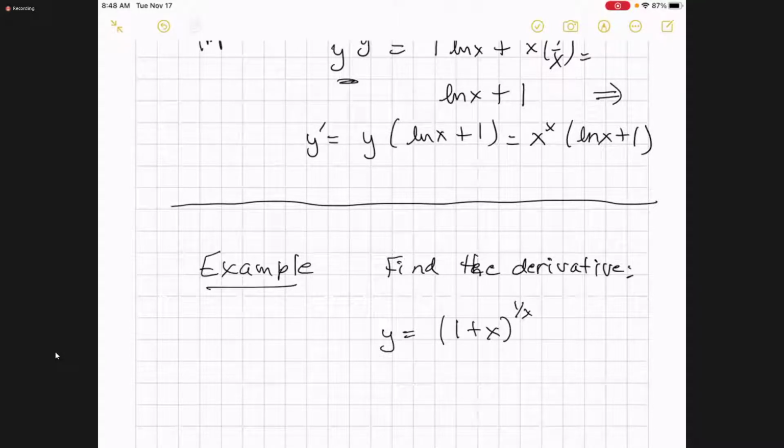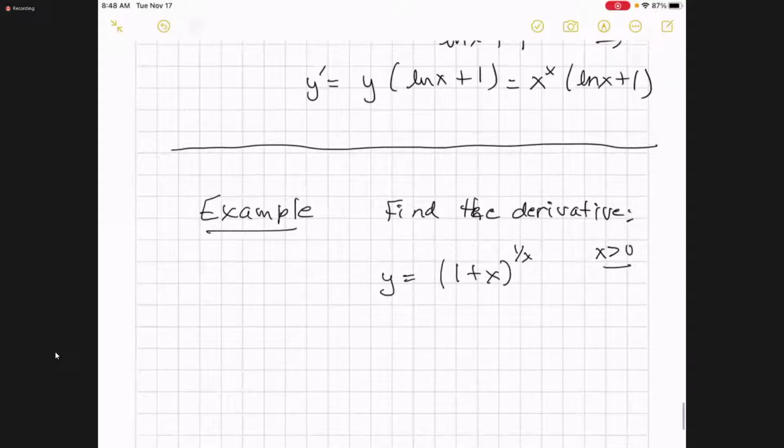And again, we have a variable base and a variable exponent. You're going to assume x is greater than 0. Well, the base has to be greater than 0, that's for sure, for the function to make any sense.